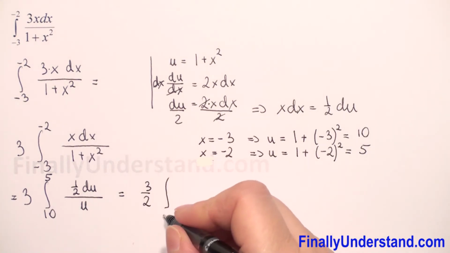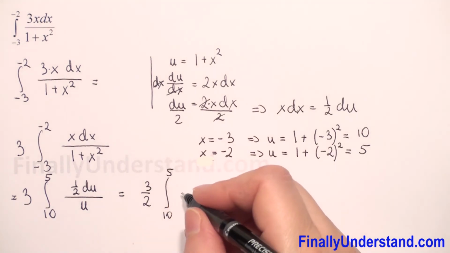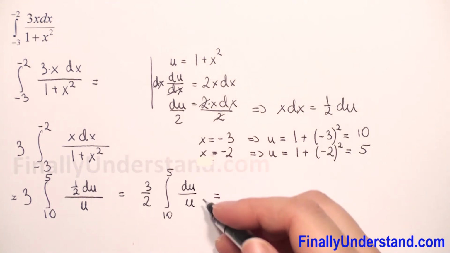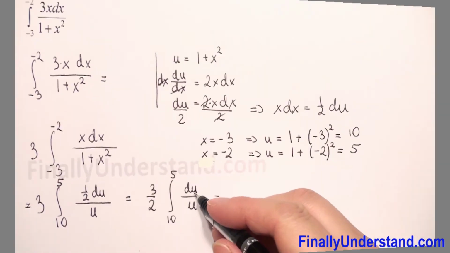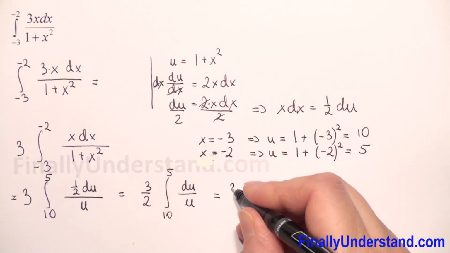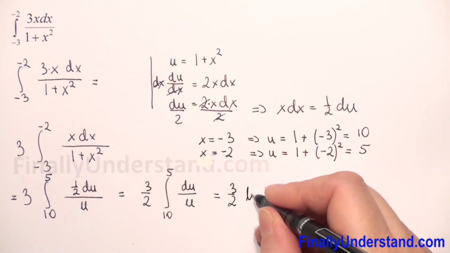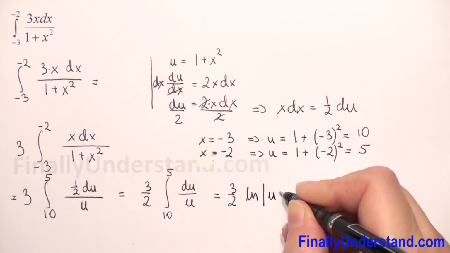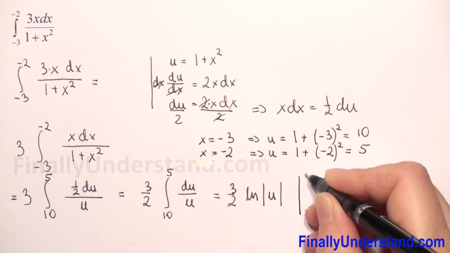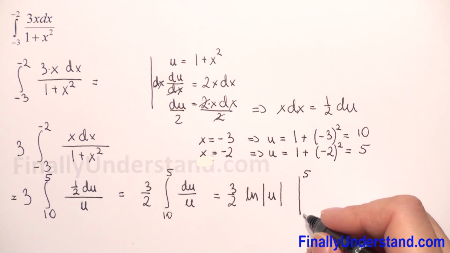And we have the integral from 10 to 5 of du over u. We know that the integral of du over u is the natural logarithm, so we copy 3 over 2, and we have the natural logarithm of the absolute value of u, and we now draw a vertical bar. On the top we have the upper limit, 5, and on the bottom we have the lower limit, 10.